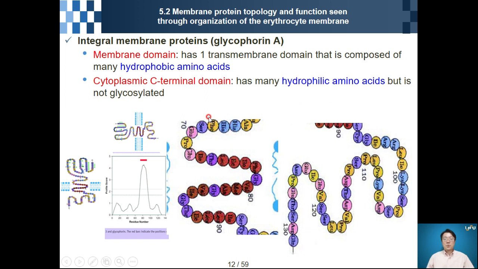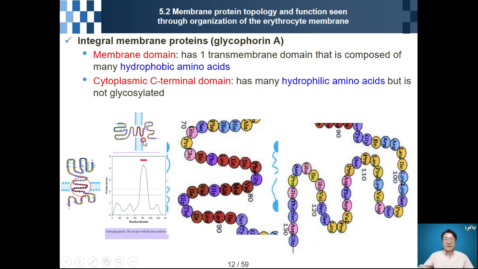Glycoprotein A is also composed of the membrane domain. The hydropathy plot revealed that there is one peak like this. It means that glycoprotein A has one transmembrane domain.